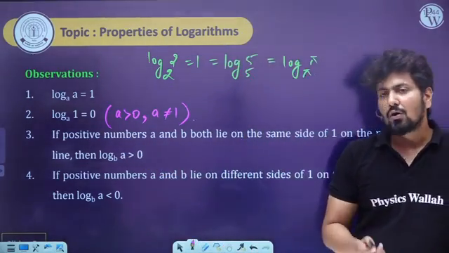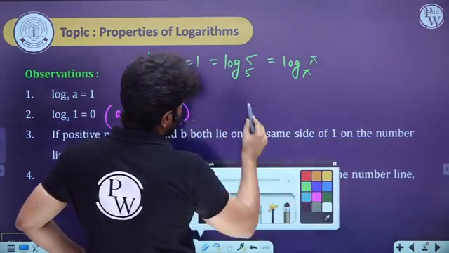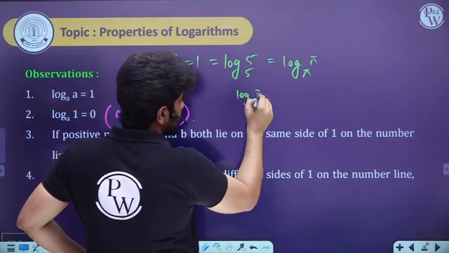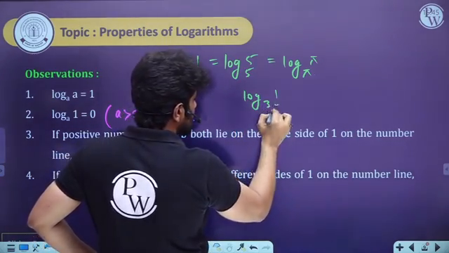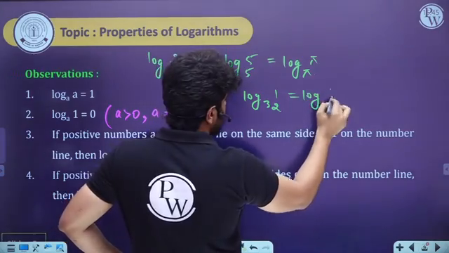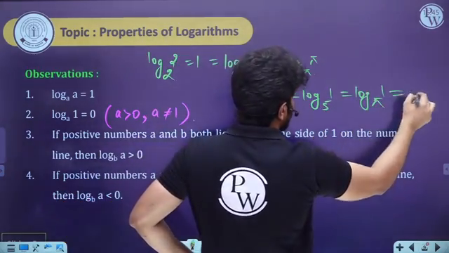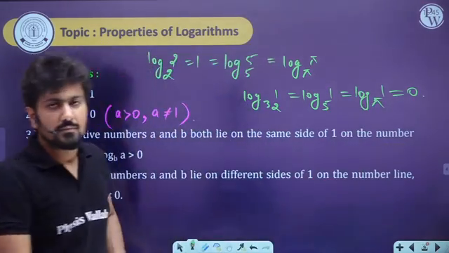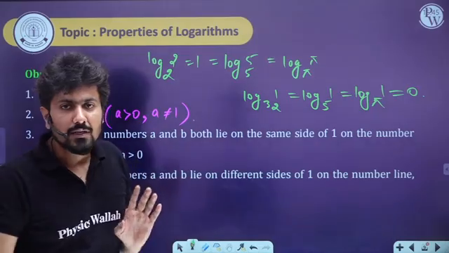Okay, so log of 1 to the base a is 0. Suppose if I ask you what is log of 1 to the base 32, or log of 1 to the base 5, log of 1 to the base pi, all of their values are 0. Base should be a positive number and base should not be equal to 1. That's the condition.